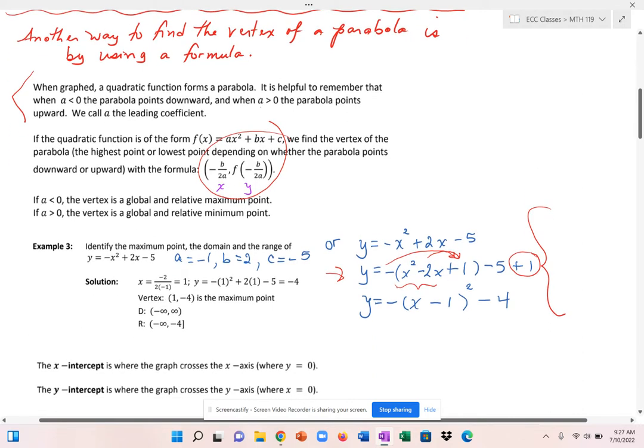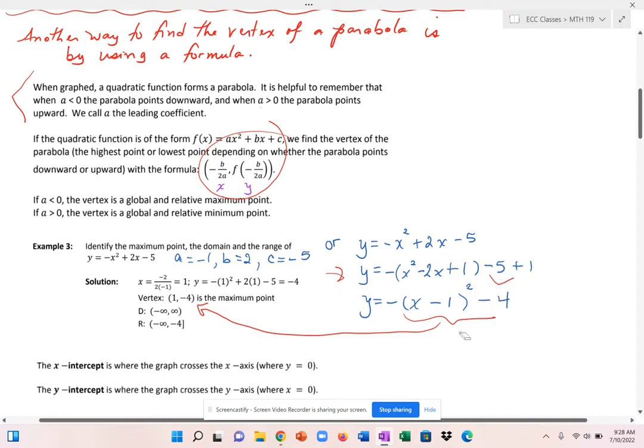Then you factor this trinomial inside the parentheses, and this factors into x minus 1 to the second power, and these two become minus 4. So this gives you the result of 1, negative 4 as well. You don't have to do it both ways. I just want to show you that either way will give you the same result.